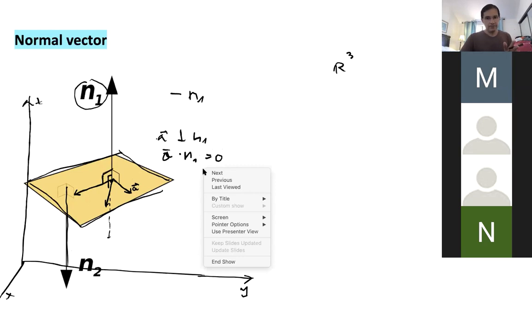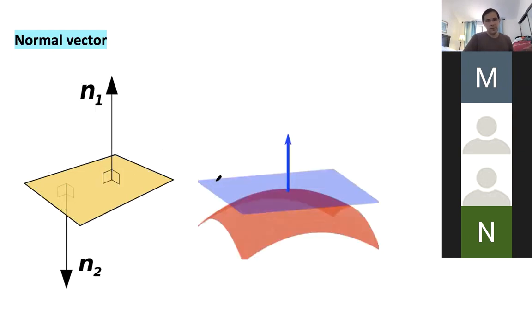So now we can use this concept of a normal vector to a plane to describe a plane in three-dimensional space. In general, we'll discuss later a normal vector to a surface, not necessarily a plane.